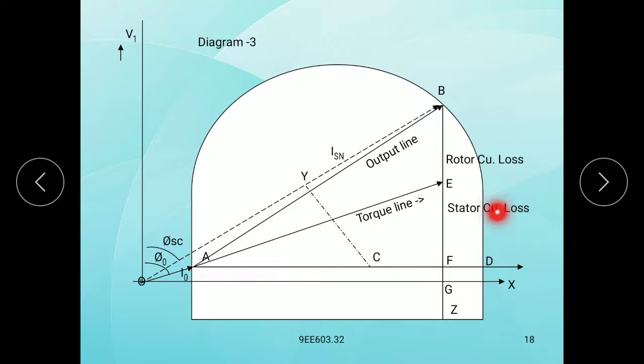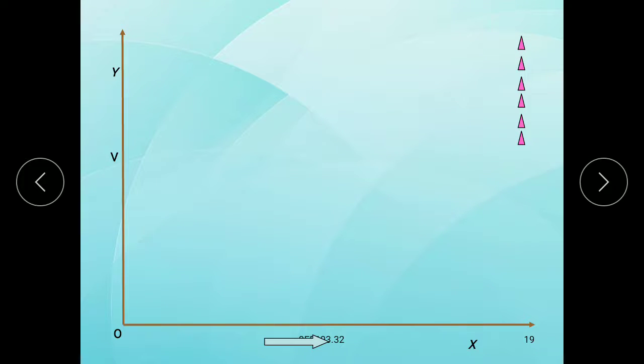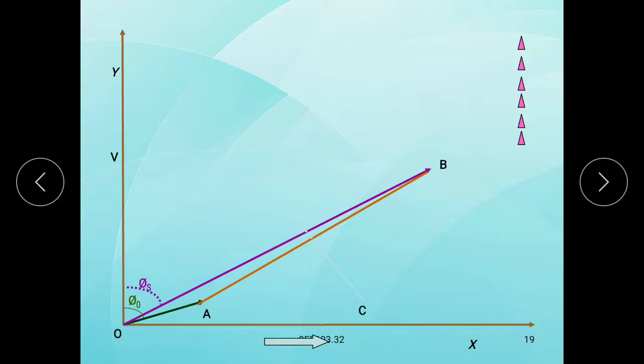These are called stator copper losses. Here are the rotor copper losses. This is the torque line, and this one is the output line. Observe this very carefully, how they are drawing.